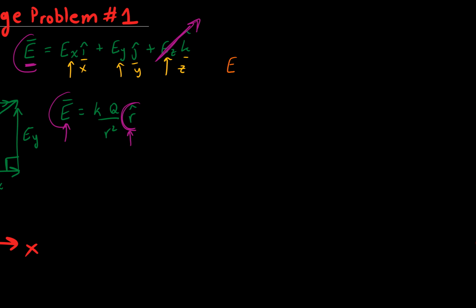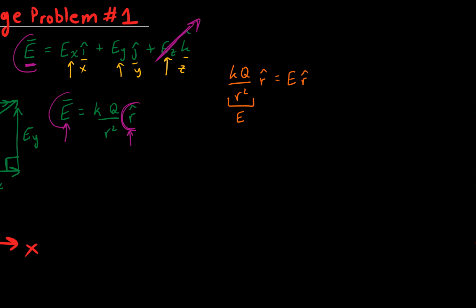We see that k times q over r squared r hat is equal to E times r hat, where kq over r squared is equal to the magnitude of our electric field.